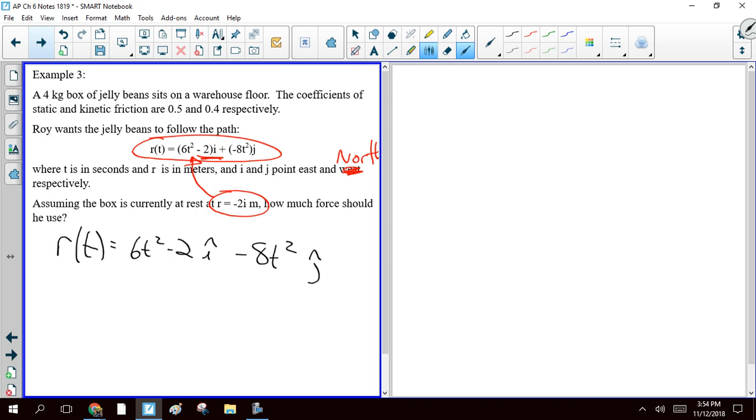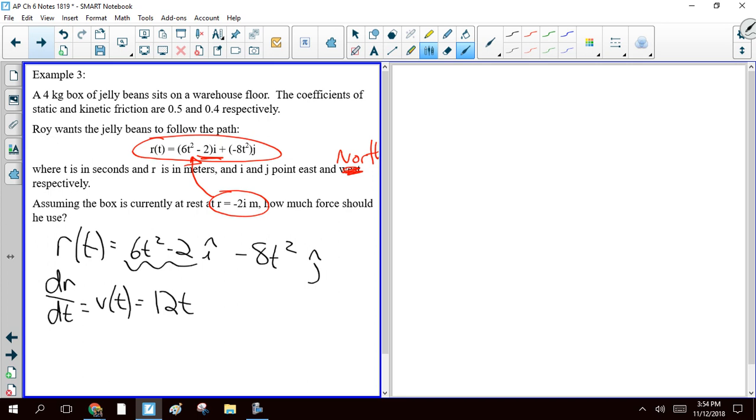If I take the derivative of position with respect to time, that gives me velocity. We can take our derivatives component-wise. So the derivative of this gives 12t, minus the derivative of 2, which is 0.